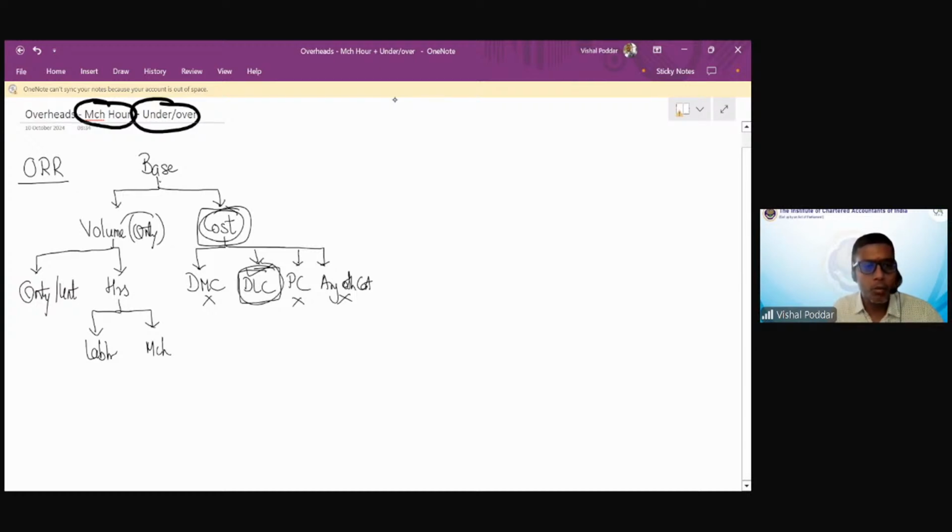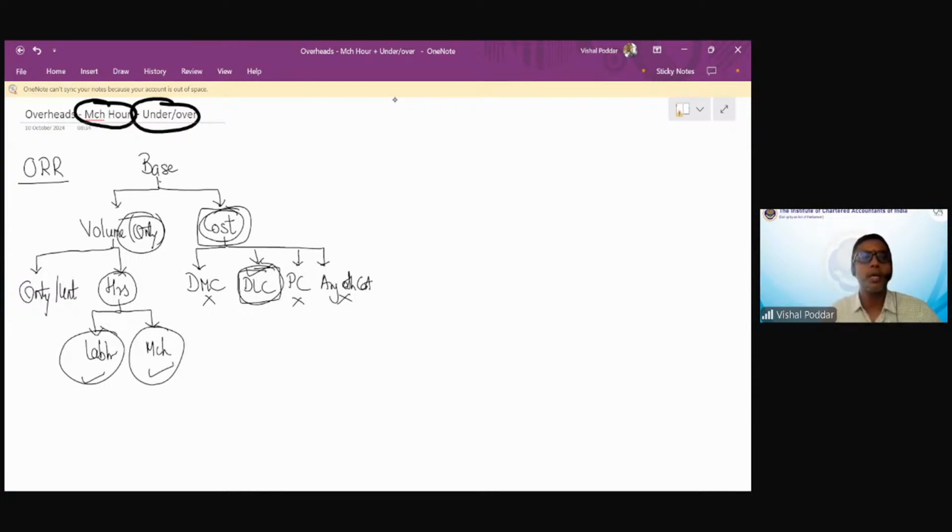And if we are selecting quantity or volume basis, then our preference should be hours, which is purely time-based. Within hours, it can be any of these hours depending upon the nature of your working. If your production is majorly labor driven, worker driven, you will select labor hours. If it is mechanized, sophisticated, machine driven, you will use machine hours.